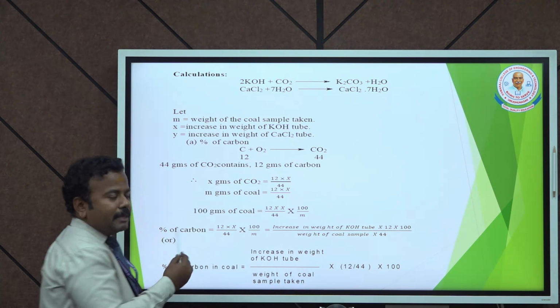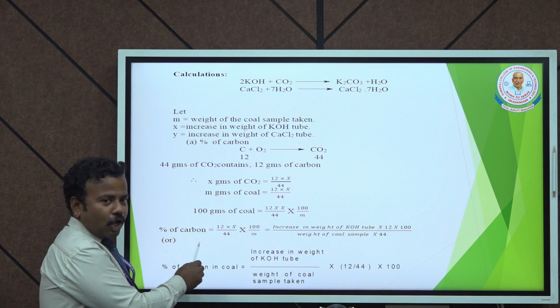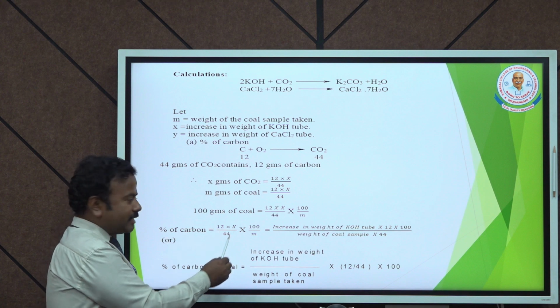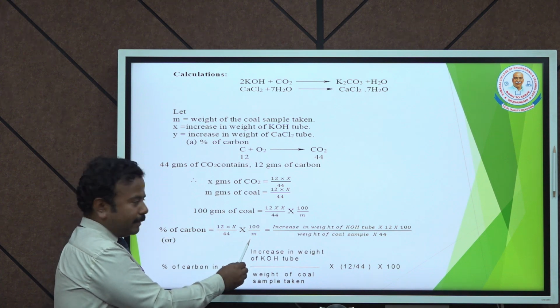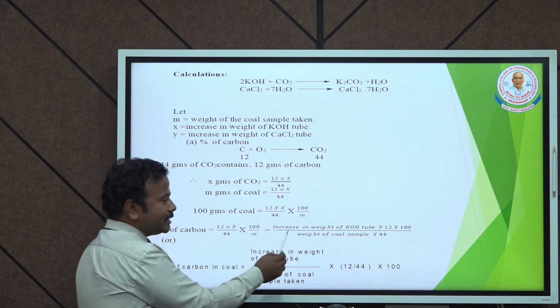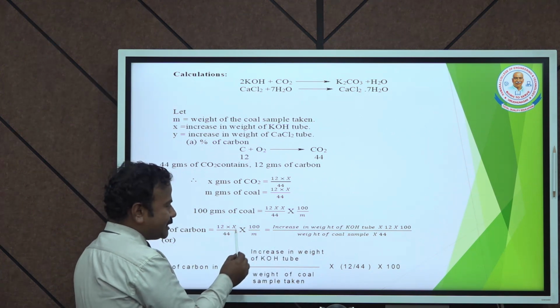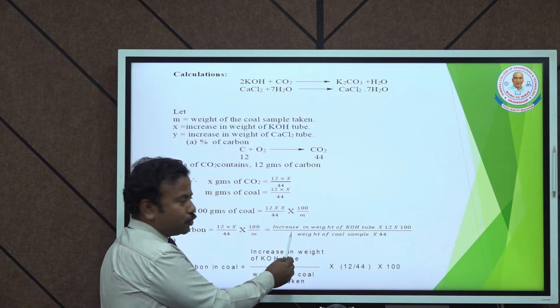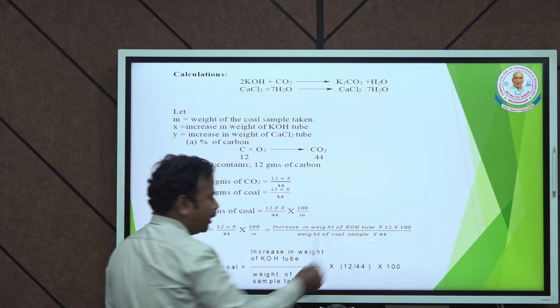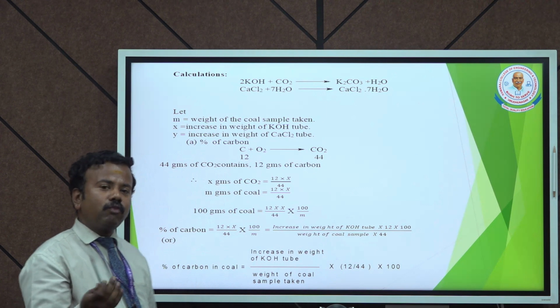Therefore percentage of carbon is equal to 12 into X divided by 44 into 100 divided by M, where X is the increase in weight of the KOH tube.